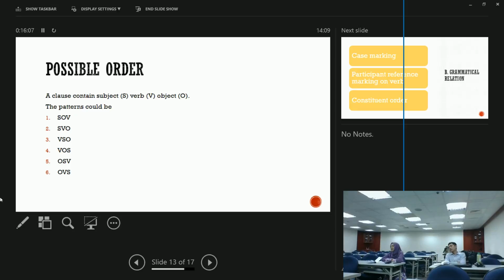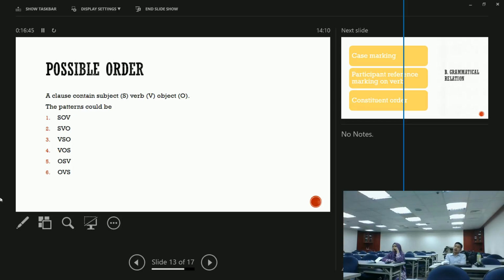This is the chronological order: sentence, clause, phrase, word, letter. For example, A is just a letter. Boy, wood, this is a word. But a phrase can be smart boy. This one is a phrase, not a complete sentence.